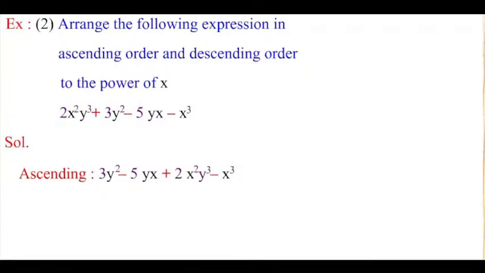Ascending: 3y squared minus 5yx plus 2x squared y power 3 minus x power 3. Descending: negative x power 3 plus 2x squared y power 3 minus 5yx plus 3y squared.